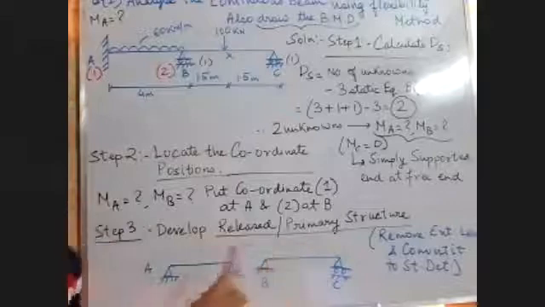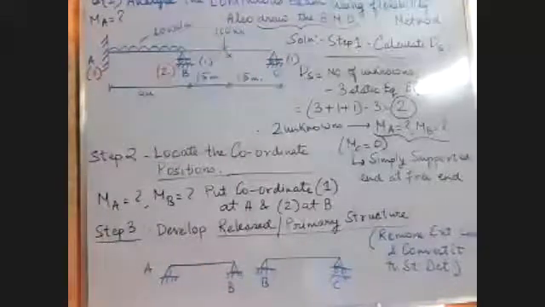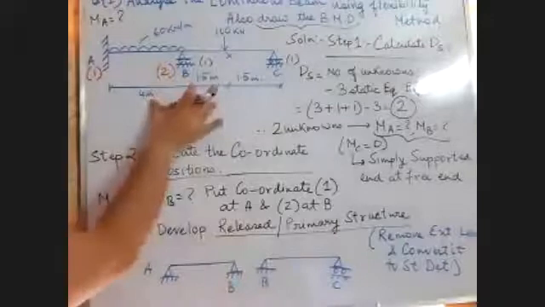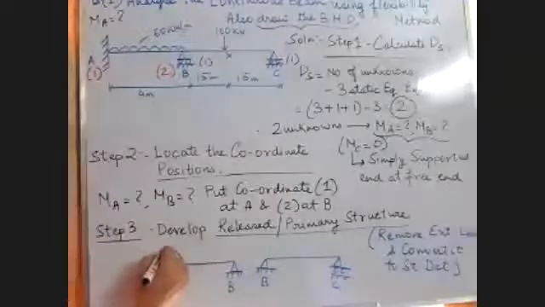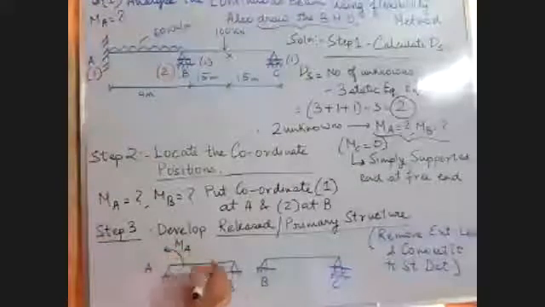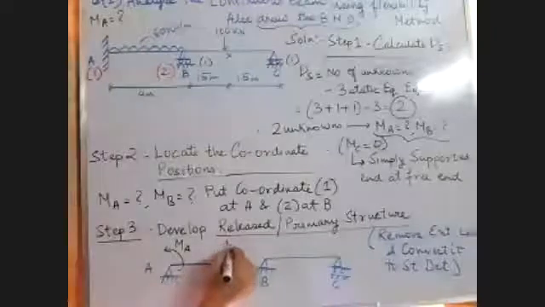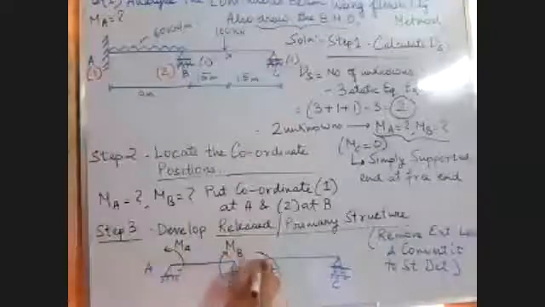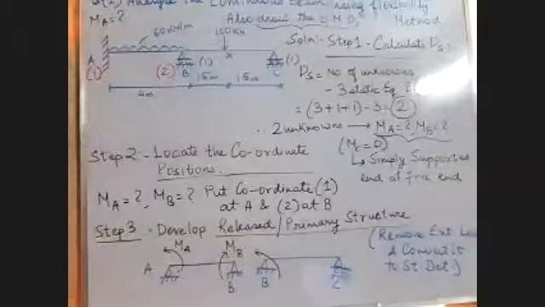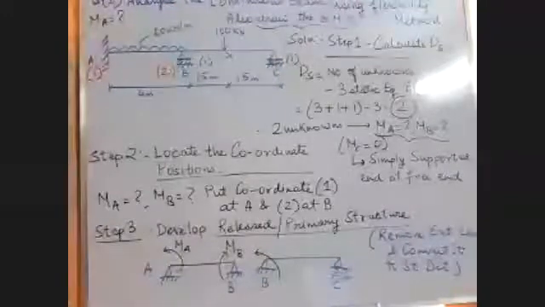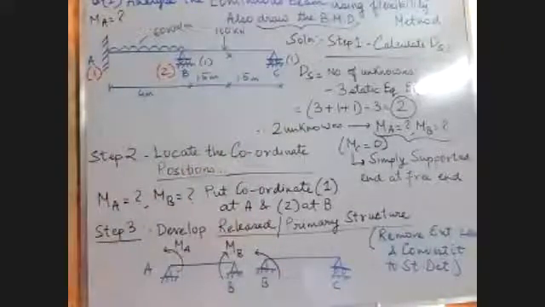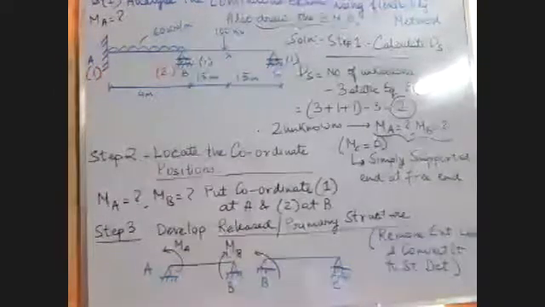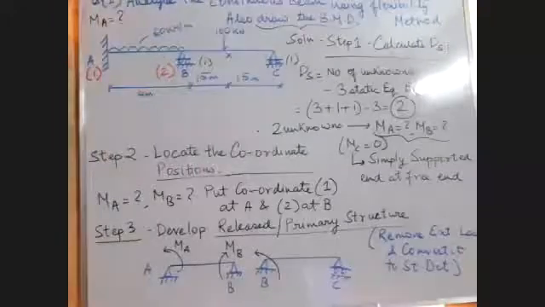Primary structure means we are removing the external loads and converting this indeterminate structure to a determinate structure. So the third step is we remove the external load and convert the structure to a statically determinate structure. We know a simply supported beam is a statically determinate structure.